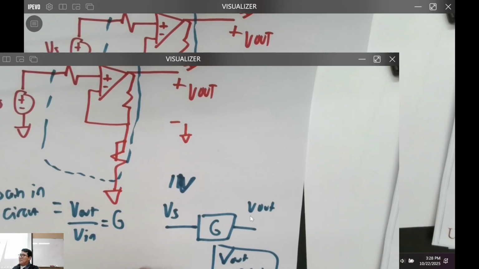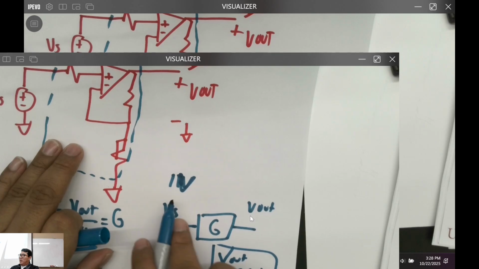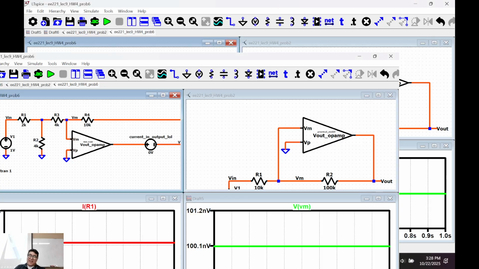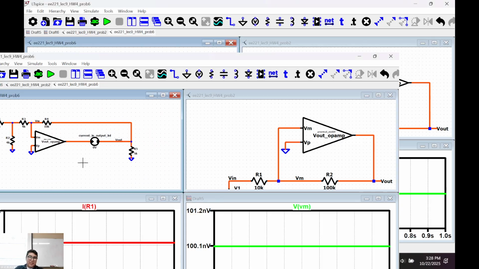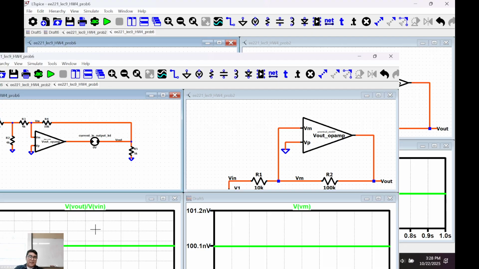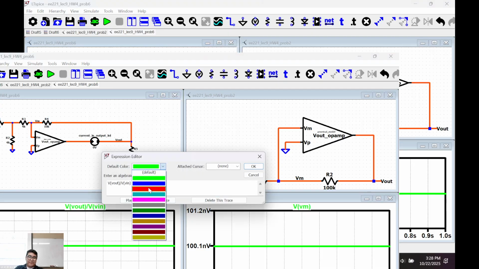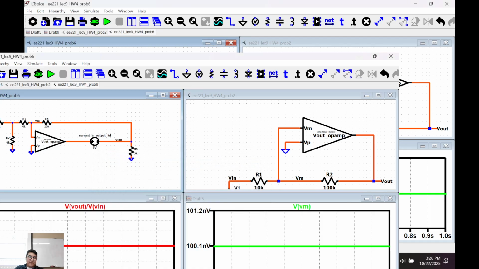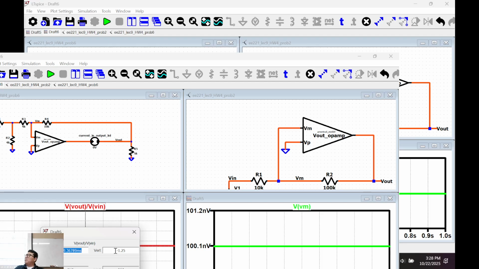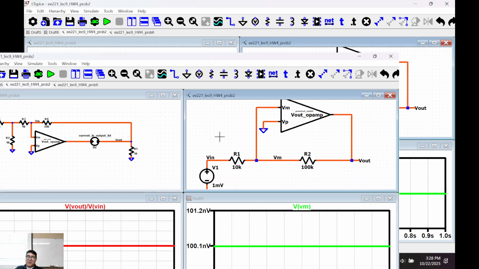So if you want, you can simulate this in LTSpice as well. Just put in 1 volt, and if you know your gain, that's pretty much it. Or better yet, let me show you very practical. Here's your output voltage, right? If I do the following, divided by Vn, let me color this red. It's the gain of my circuit. Minus 1.25. Does that make sense? What about here?